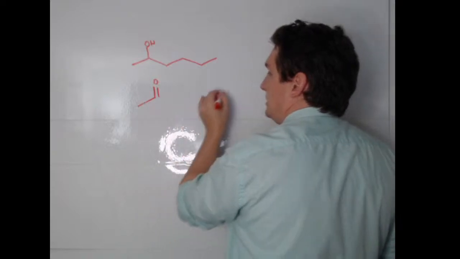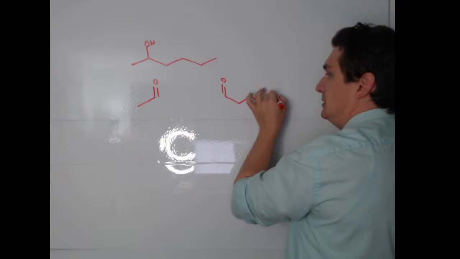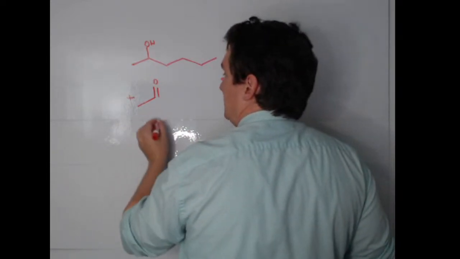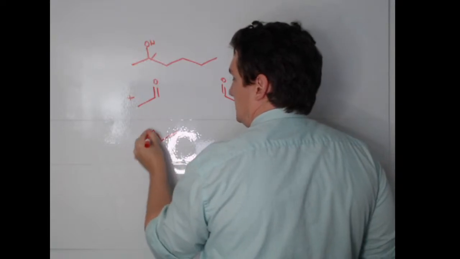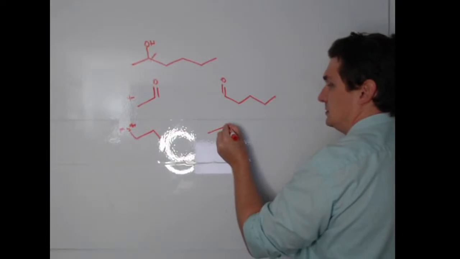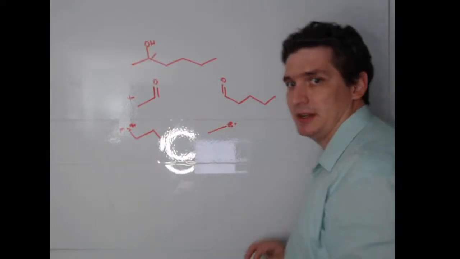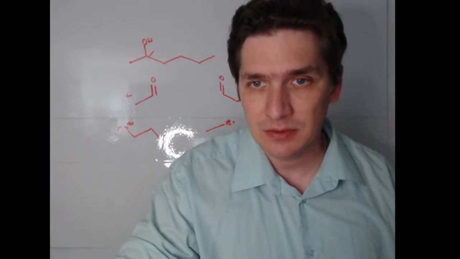So we have the carbonyl going left, or the carbonyl going right. And then our Grignard would have been the other half, so ethyl bromide.